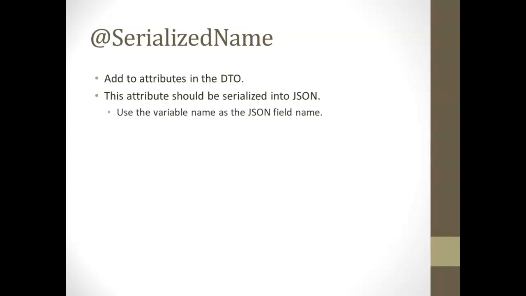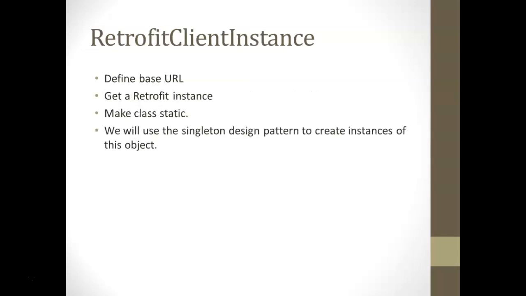But we can't realistically plan on that. The names might be different. One might call it a GUID, the other might call it an ID, another might call it a unique identifier or a UID. So we can use this annotation called serialized name to map from a Java attribute to a JSON name. That typically goes on the DTO attributes itself.